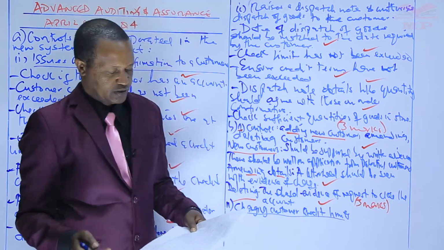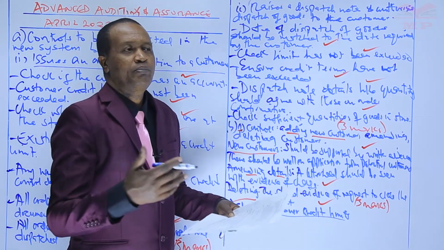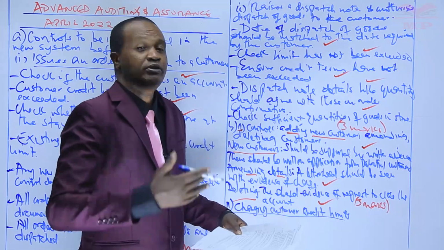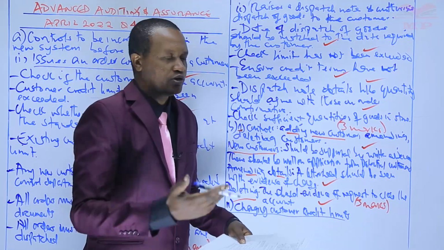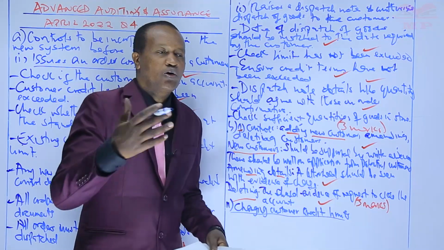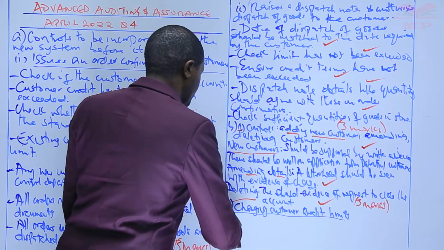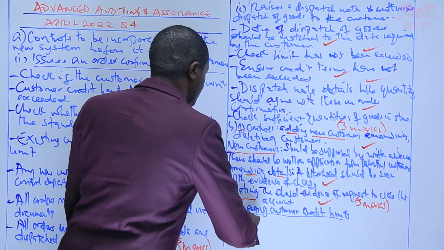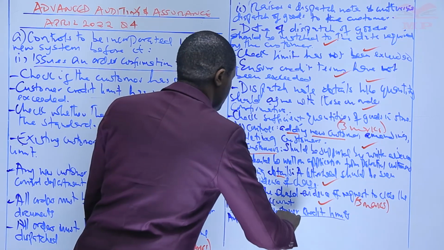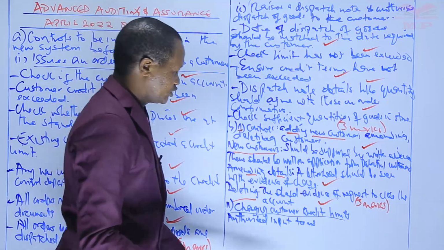Now, making changes to customer credit limits should be made by means of authorized input forms. There should be use of authorized input forms. The limits should not just be changed.